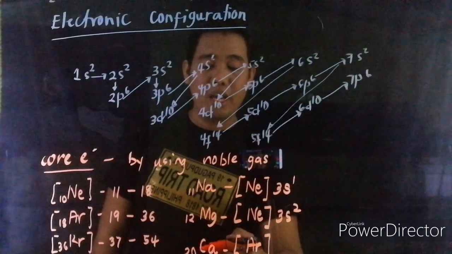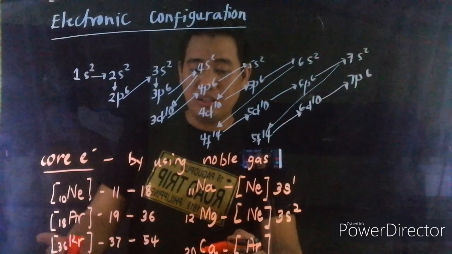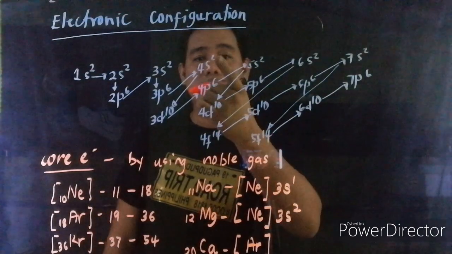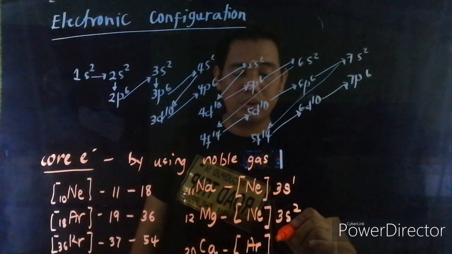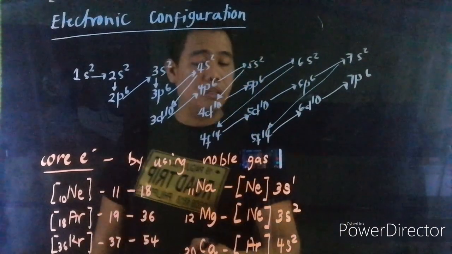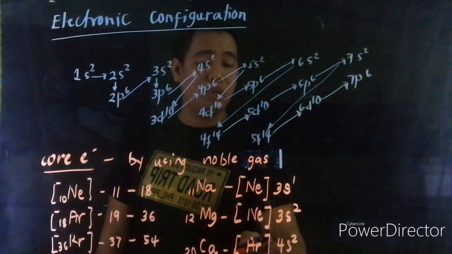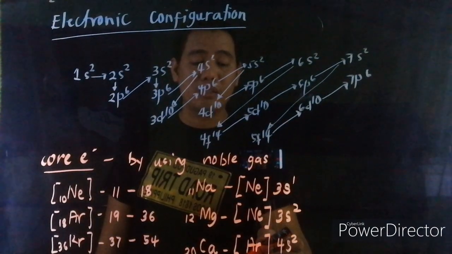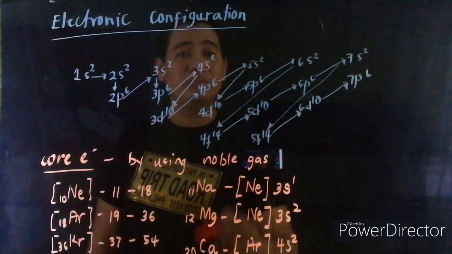That is 18 for argon, so we need 2 more. So that 2 more is 4s2, because calcium belongs to period number 4 and group 2. So that is the last one filled.